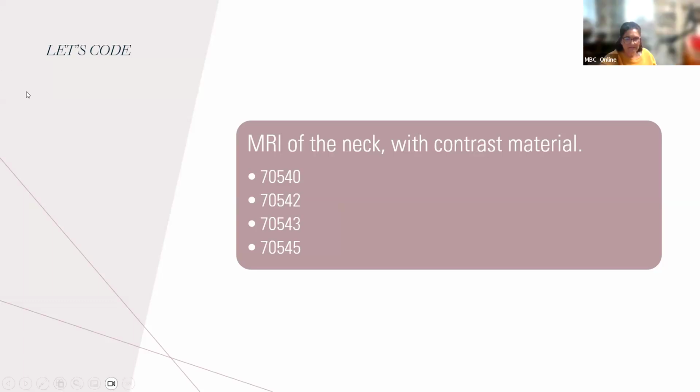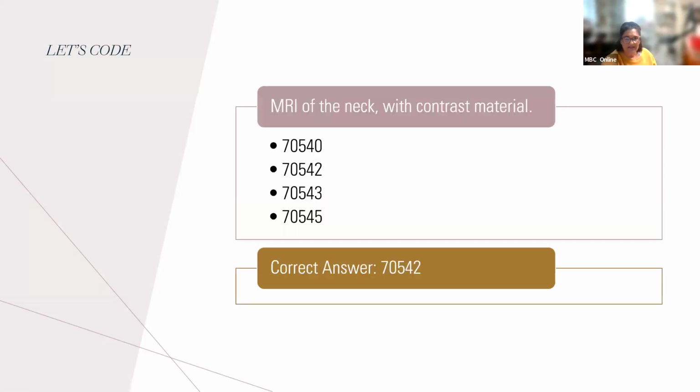Anyone else? All right, we're gonna get the answer. It is 70542. That is correct. If you look at 70540, it is magnetic resonance imaging of the orbit, face, and or neck. And then the 70542 is with the contrast material.